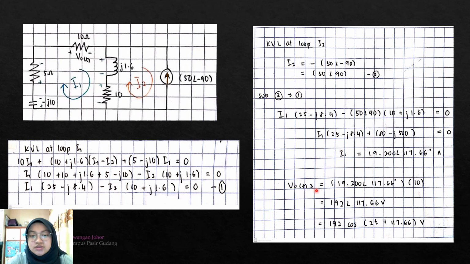I use Ohm's law, V equals IR. I insert the value of I1 and the resistor, which is 10 ohm. So I get the voltage across the 10 ohm as 192 angle 117.66 degree volt. So I change it into time domain, which is 192 cos 2t plus 117.66 degree volt.